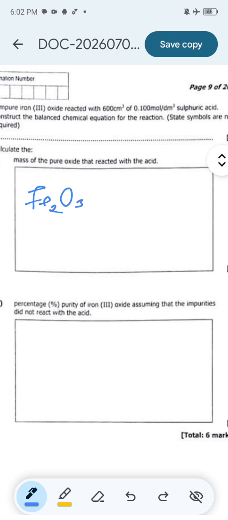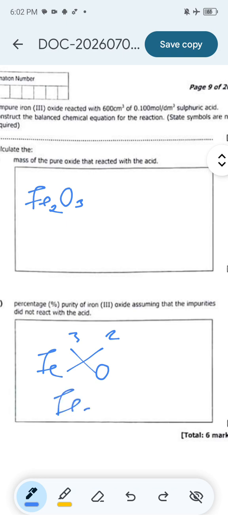For those who don't know how to form a chemical formula, let me explain a bit here. If we have iron(III) oxide, we mean 3 is the valence of iron, and oxygen has a valence of 2. So we tend to swap these values.